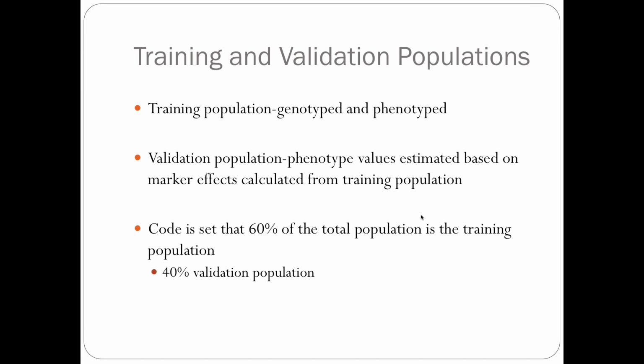So to select, you don't select markers. Basically, you're using all the marker information that you have to put in your model, since the more markers you put in your model, the better estimates you're going to have. So the only markers I ever take out are the markers that do not have enough information or have more than 50% missing. But otherwise, you're not selecting markers based on QTLs or anything like that.